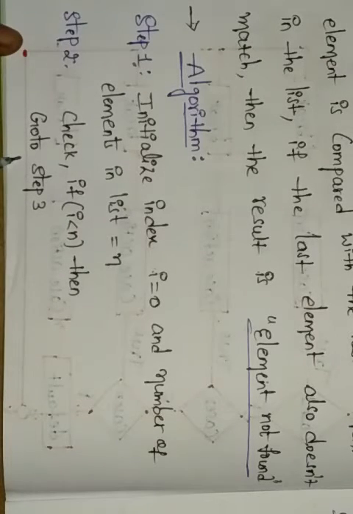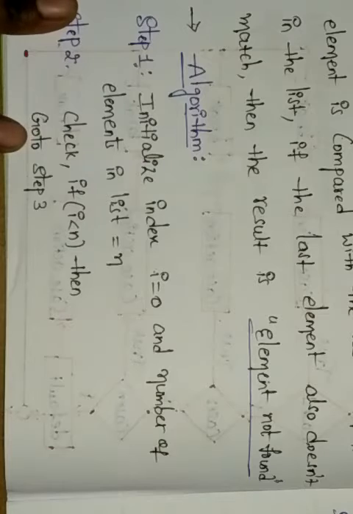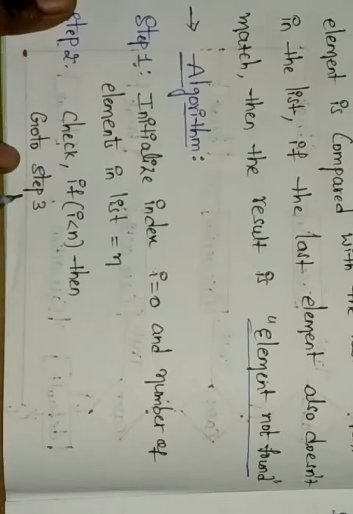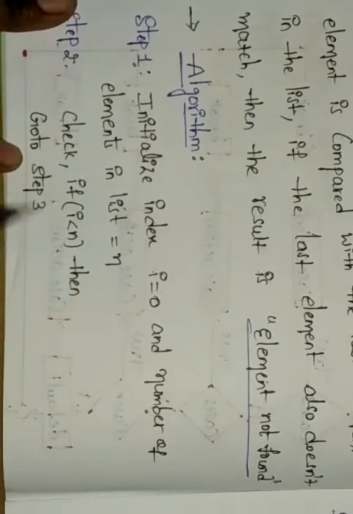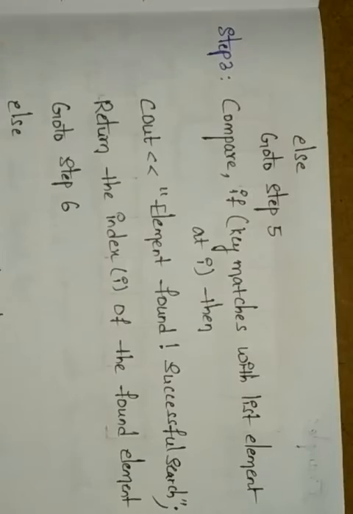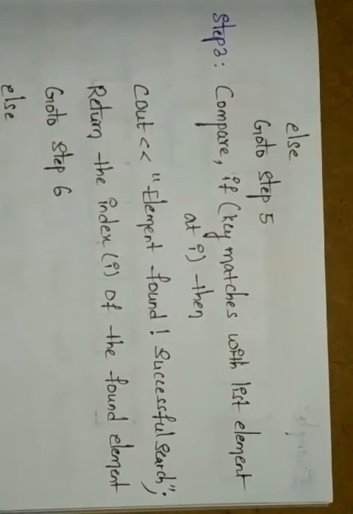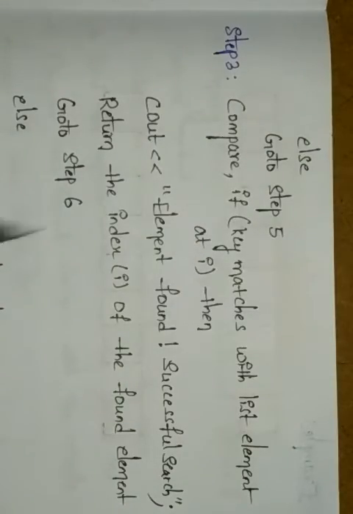So then you move to step 3. If it is true, we move to step 3. If this is false, then you go to step 5. You can see here we have else, go to step 5.